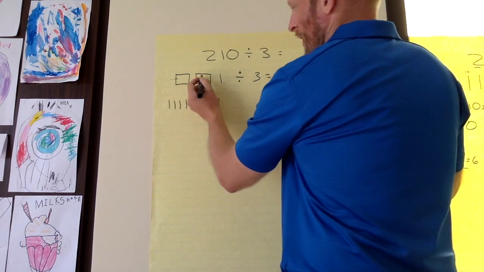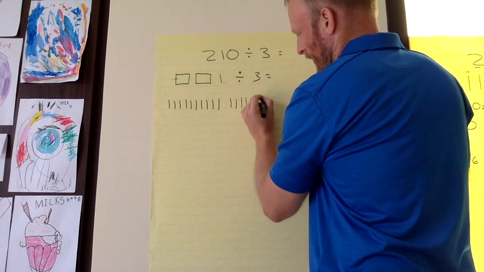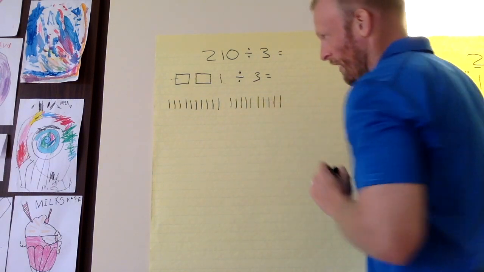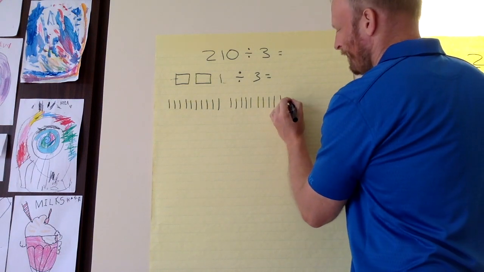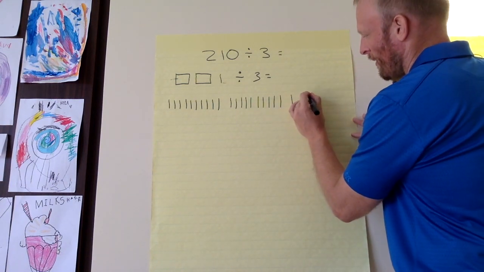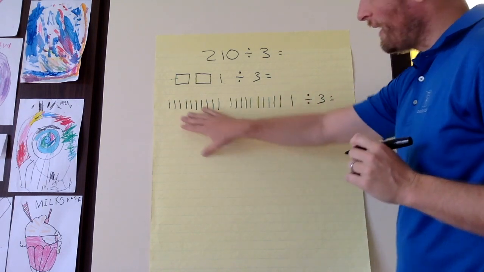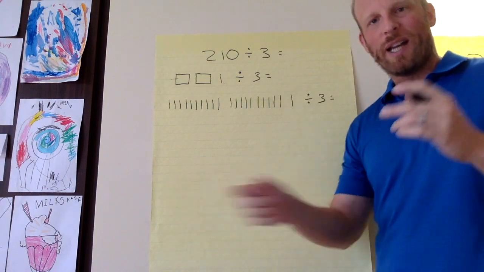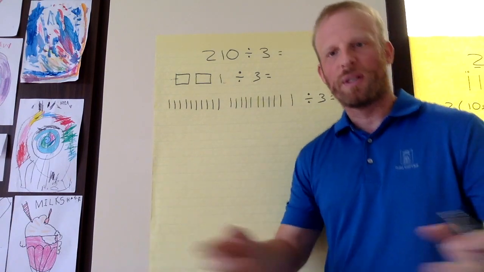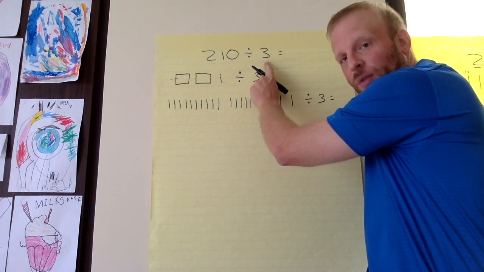I need another 100: 10, 20, 30, 40, 50, 60, 70, 80, 90, 100. And then I need 1. So now, third graders, I have this same problem modeled, but I can manipulate it better. I can start placing these into 1 group, 2 groups, 3 groups, because I want to place them into 3 equal groups.